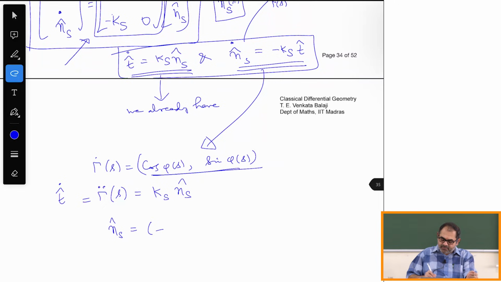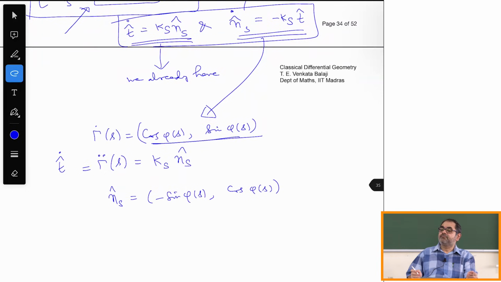So this Ns hat is going to be minus sine phi s and cos phi s. This is what it is, by definition. And I want Ns hat dot, the derivative of that, because this is what I want to calculate. So I have to do d by ds.